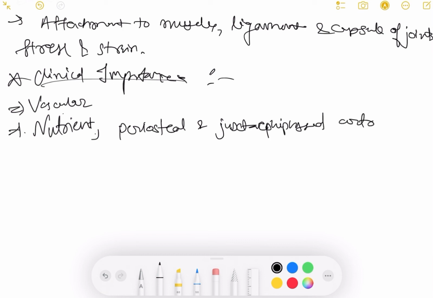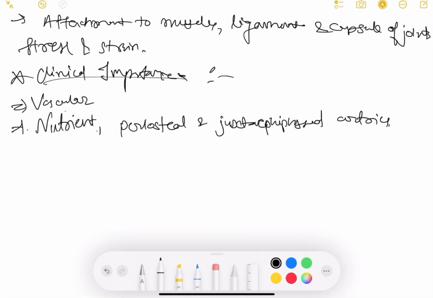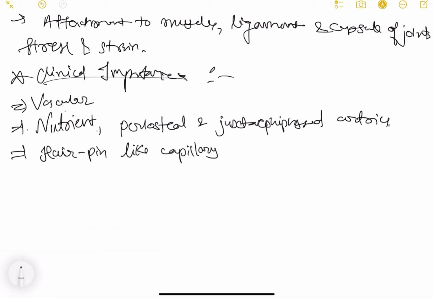So all these arteries are present in metaphysis. So it has hairpin like capillary buds, bands or loops.